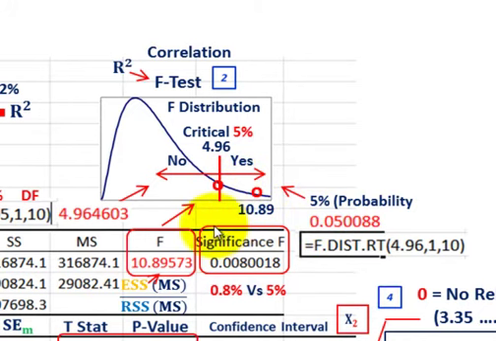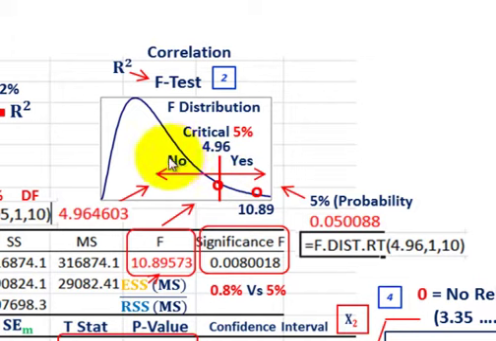That's it. But you can see here, going to our curve, if we're testing it, the F value that we have is actually 10.89, and our critical value was 4.96. Because it ends up in the tail here, yes, we passed the test, or we have some degree of correlation. It's greater than our critical value of 4.96.